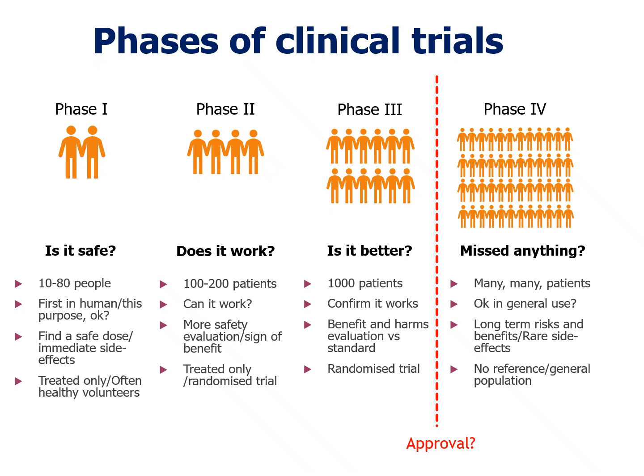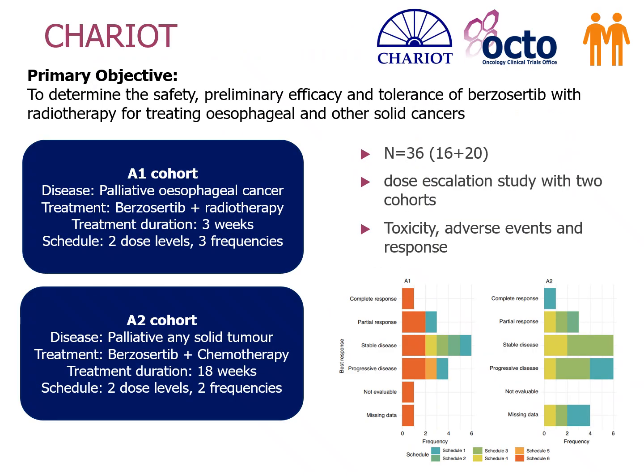Typically, though, we have no explicit reference group here, and it's a clinical trial in a slightly different sense than these earlier studies. What do clinical trials look like in practice?